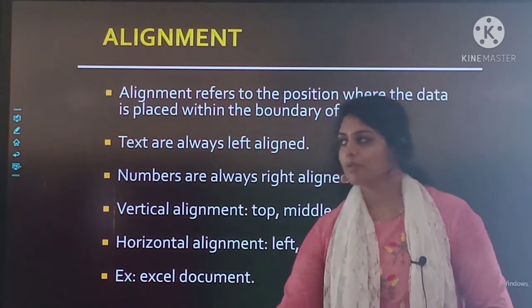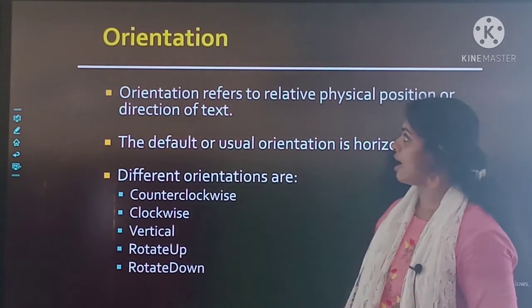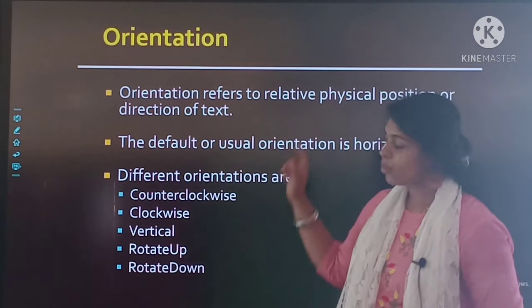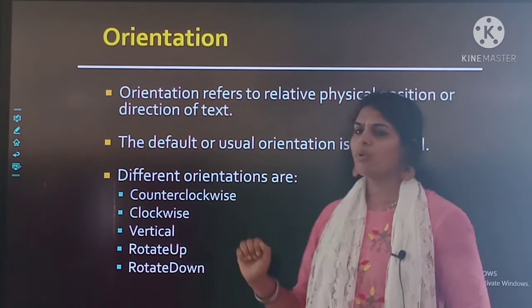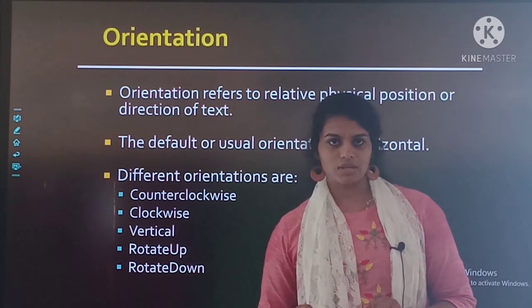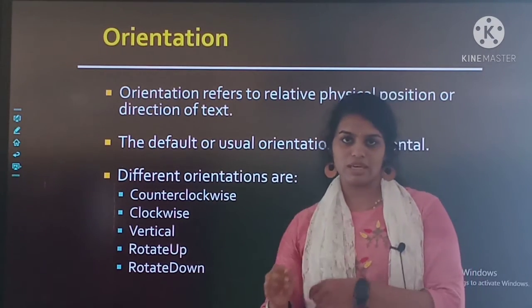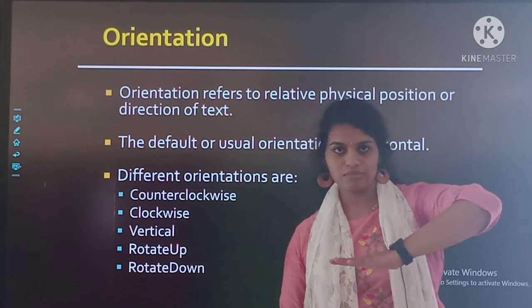Okay, coming over to the next point, we have orientation. Orientation is the part that relates to what direction you want. See, already we learned where the alignment has to be: left, center, right, top, middle, bottom.